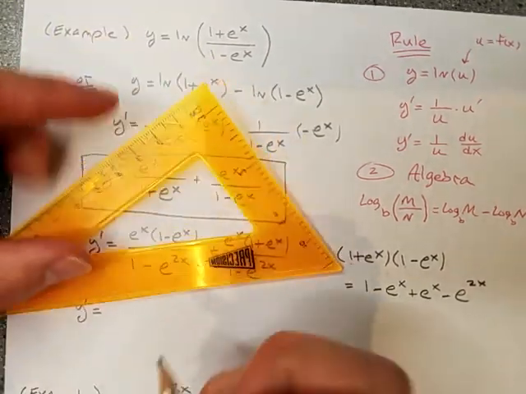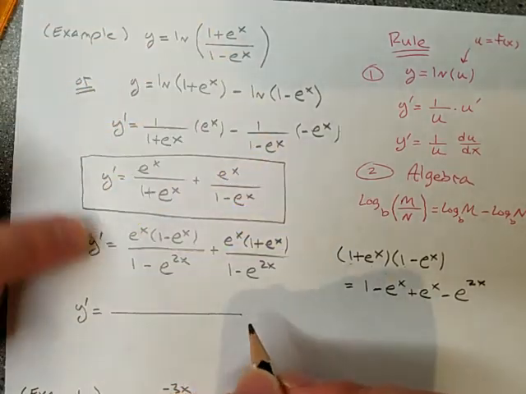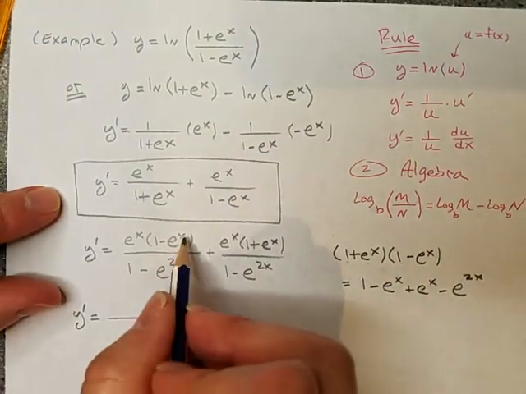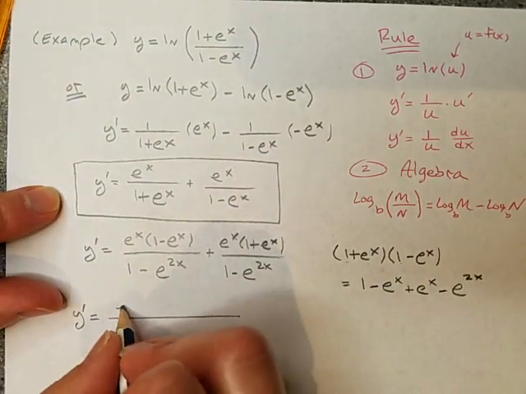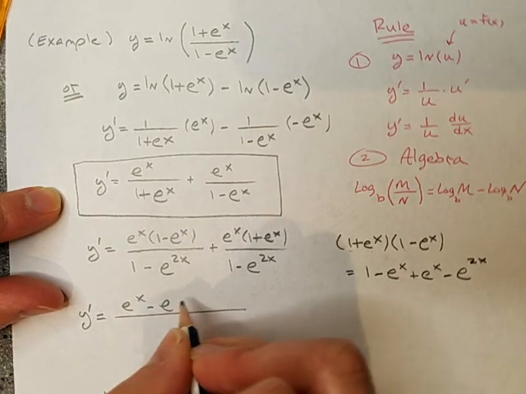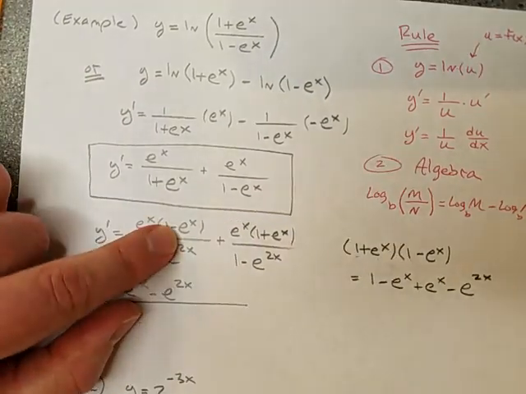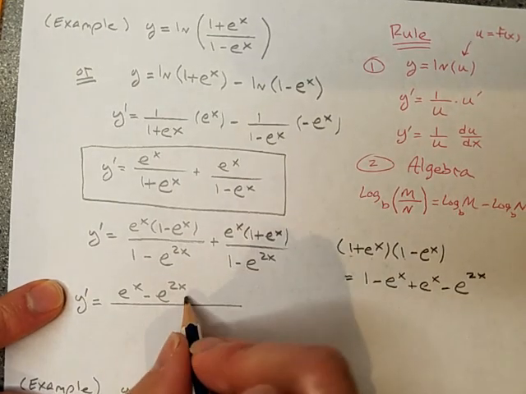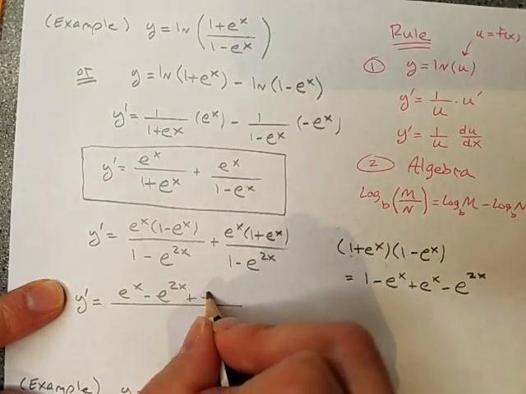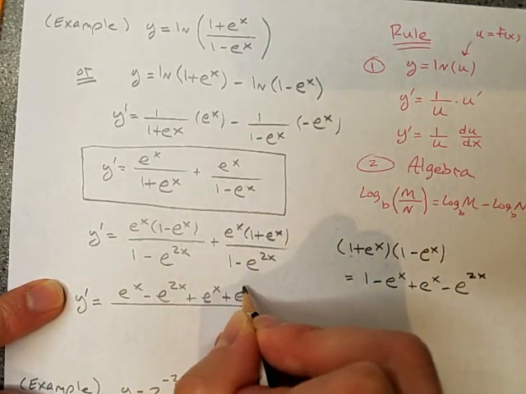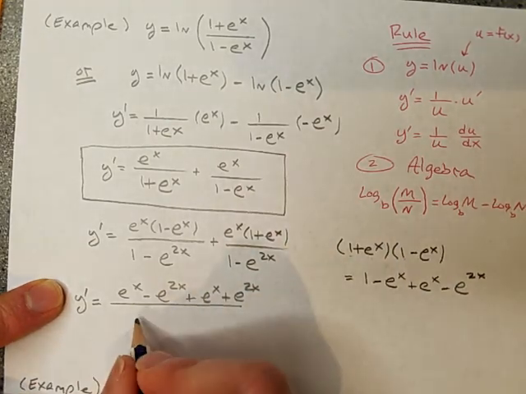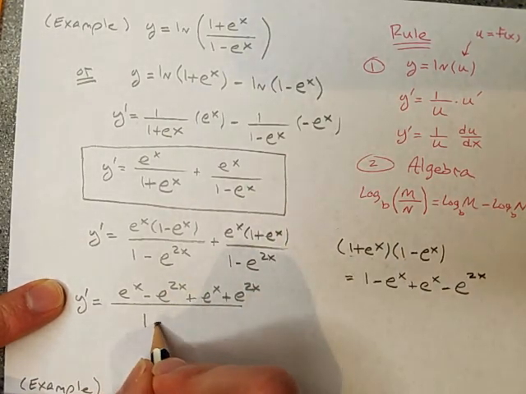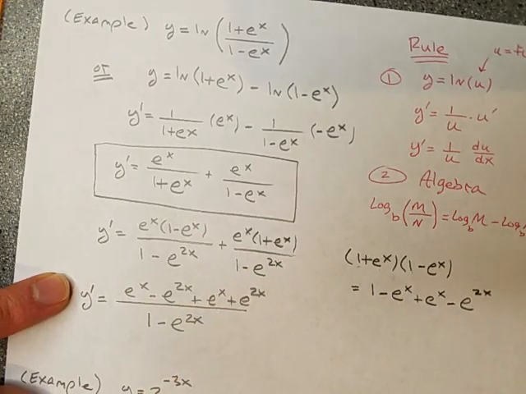I'm going to have a lot of stuff. What do I have up there if I multiply that out? e to the x minus e to the 2x, right? And what do I have over here if I multiply that? e to the x plus e to the 2x over that common denominator, 1 minus e to the 2x.